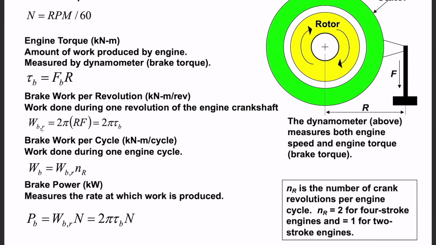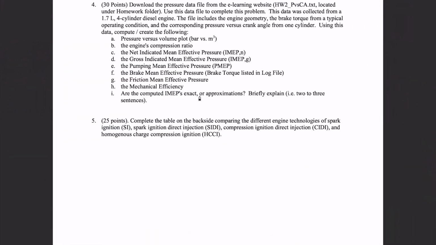And so your brake work per revolution is just 2 pi times that brake torque. But then you have to convert this brake work per revolution into the brake work per cycle, which means you take that brake work per revolution and multiply it by this N sub R, which is defined over here on the right-hand side of the slide for you, okay? So again, everything is provided for you to be able to do this in your Chapter 2 notes.